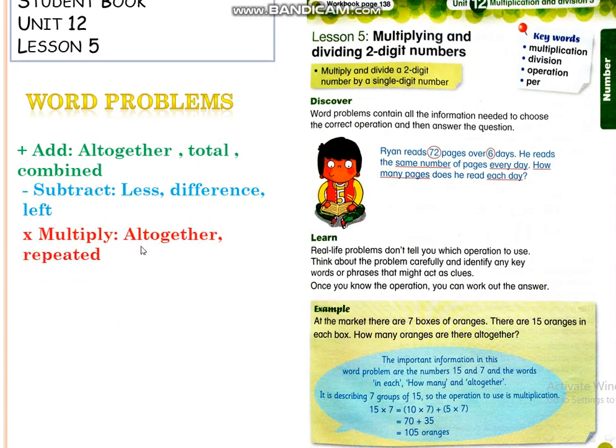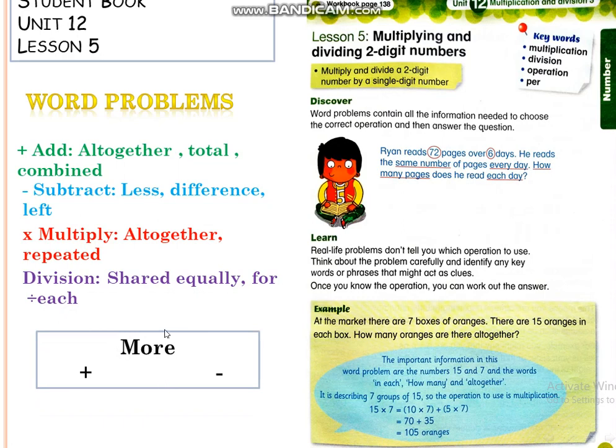When I see again all together or something repeated, most of the times here you should multiply. And most of the times when I see the word shared equally or something like for each, I need to divide.